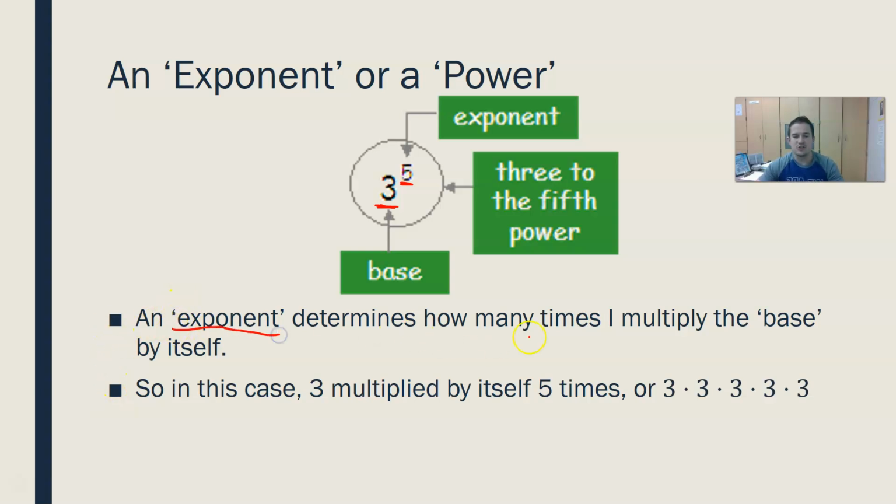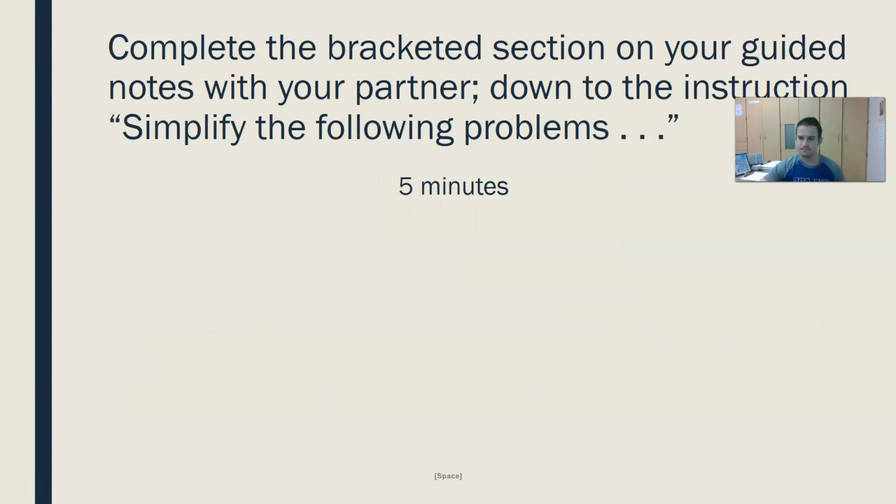An exponent just determines how many times I multiply the base by itself. So 3 to the 5th power is just a fancy way of writing 3 multiplied by itself 5 times: 1, 2, 3, 4, 5. 3 times 3 times 3 times 3 times 3, that's 3 to the 5th.